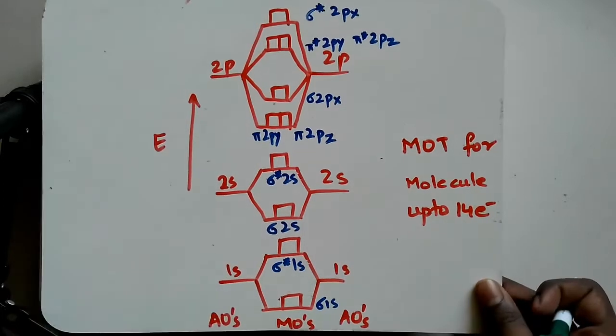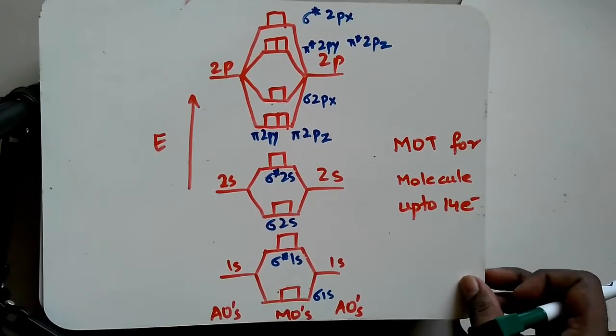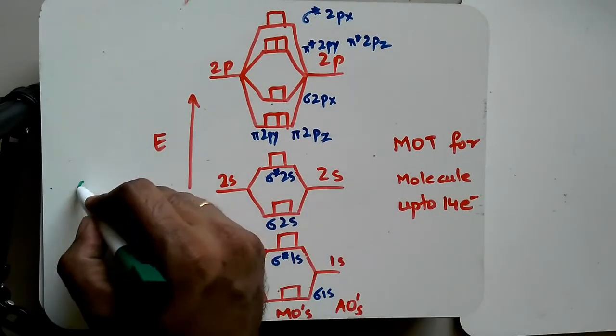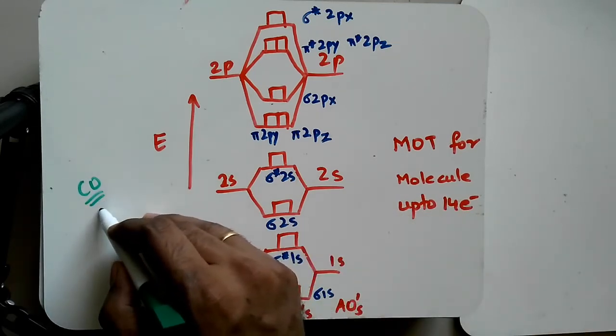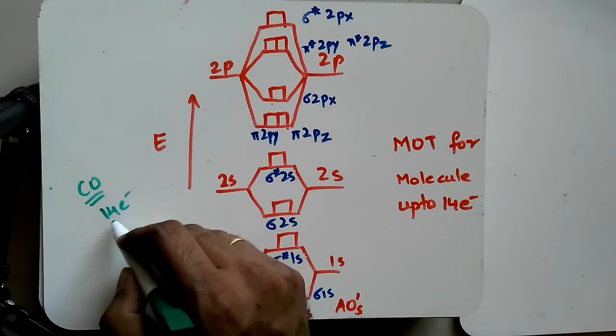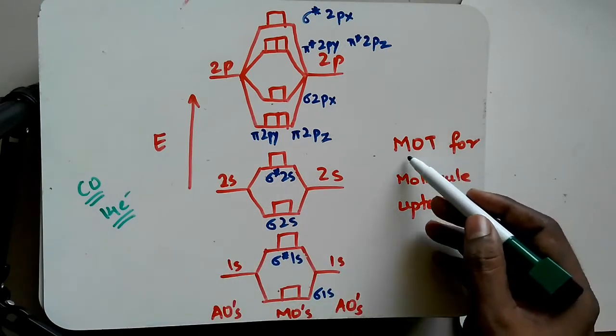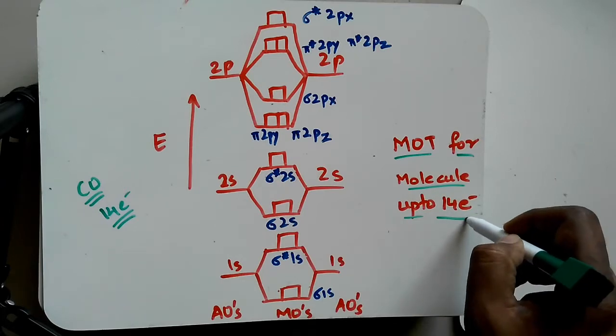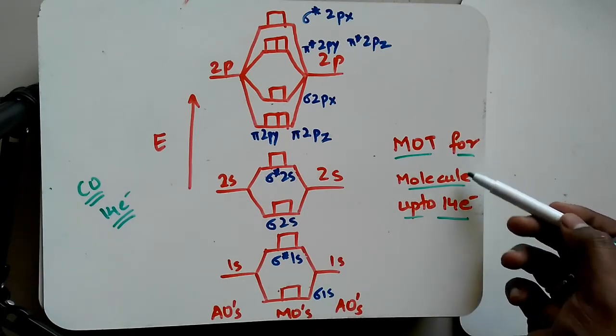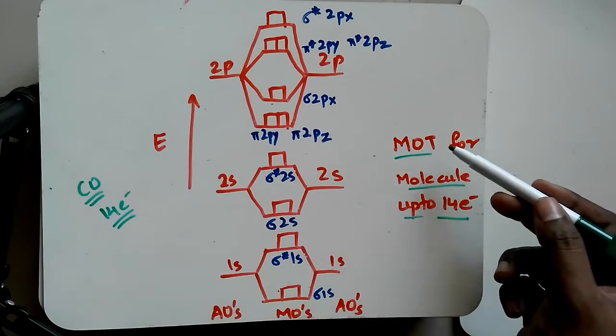For carbon monoxide, we can use this MOT. Why can we use it for carbon monoxide? Carbon monoxide's total electrons were 14. So this MOT is for diatomic molecules with up to 14 electrons.